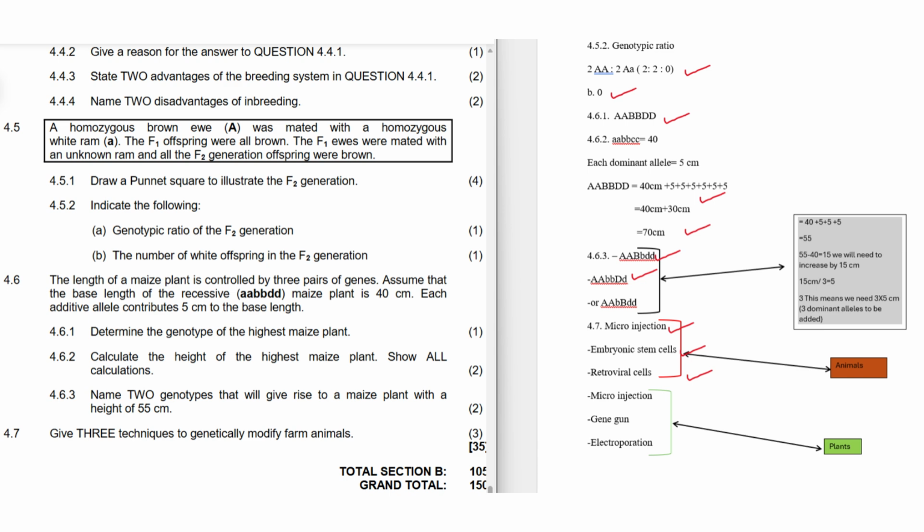4.7: give 3 techniques to genetically modify farm animals. There are techniques specifically made to modify farm animals, and there are those that can modify plants.